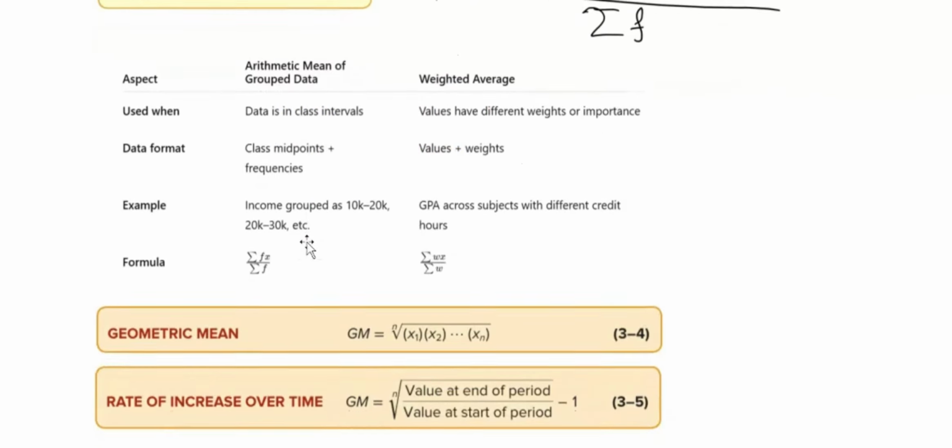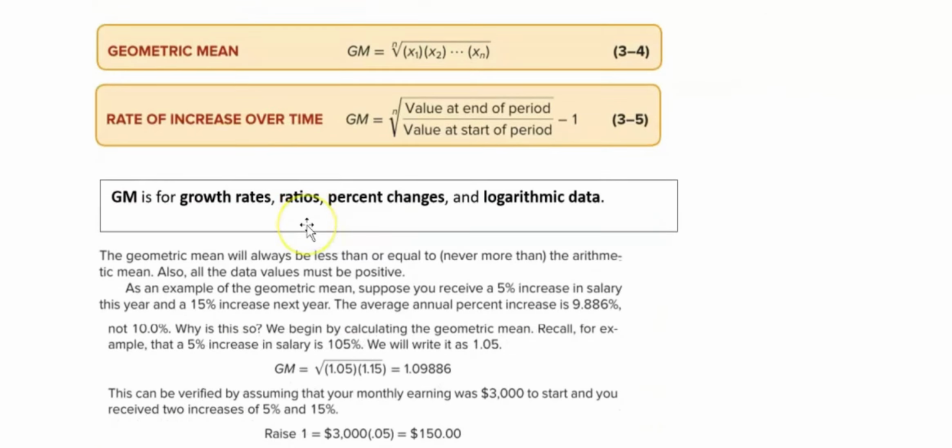এরপরে let's move on to geometric mean. এখন geometric mean হচ্ছে গিয়ে, of course it's a measure of central tendency, ডেটাটার সেন্টারে কোথায় থাকে সেটা আমরা বের করার ট্রাই করছি. However it's for a very specific type of data.